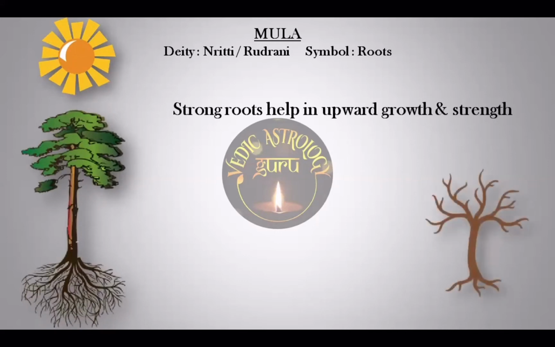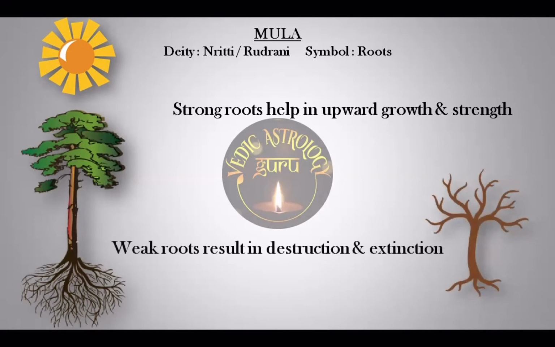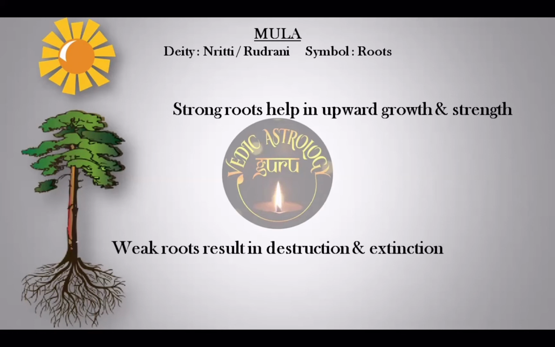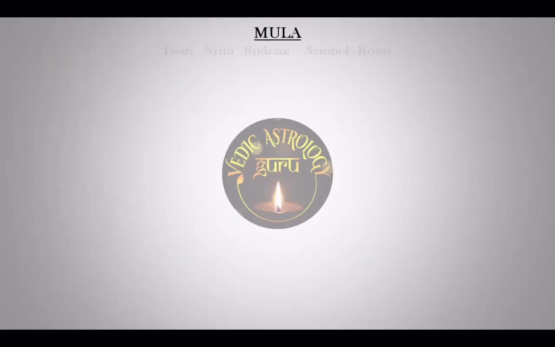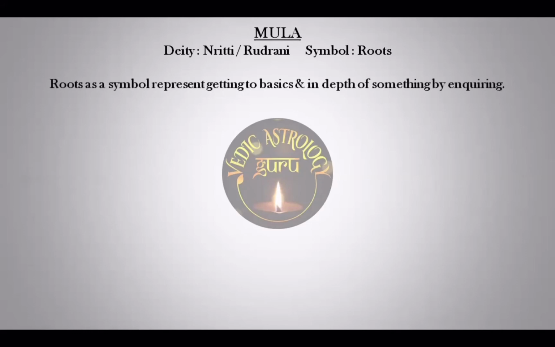But weak roots result in destruction and extinction. Now that is the basic ideology about the Mula Nakshatra. So the deity is Nariti, Rudrani. The symbol is roots. Roots as a symbol represent getting to basics and in depth of something by inquiring.